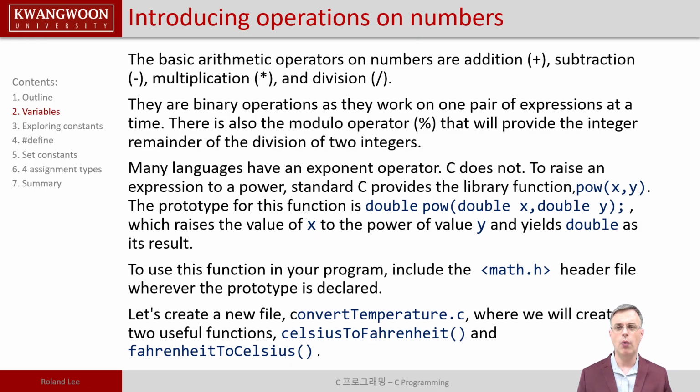There is also a modulo operator that will provide the integer remainder of the division of two integers. For example, 12.0 divided by 5.0, two real numbers, evaluates to 2.5, whereas if I use the two integers like 12 and 5 without the .0, then I'm going to get 2 as a result.